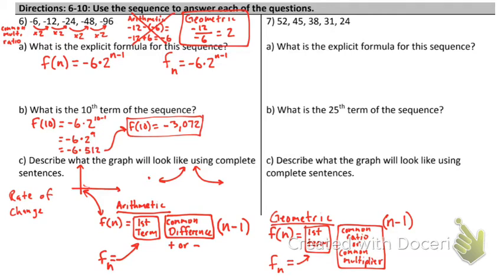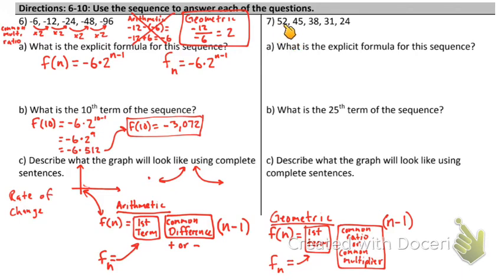Okay, let's jump over to number 7. Okay, we're going to check if it's arithmetic or geometric. We can use these formulas if you want, but in this case, it should be pretty easy to see what's happening here. Okay, so what I always like to do is, if the numbers are nice, like whole numbers like this, I'm going to try to just do this in my head.